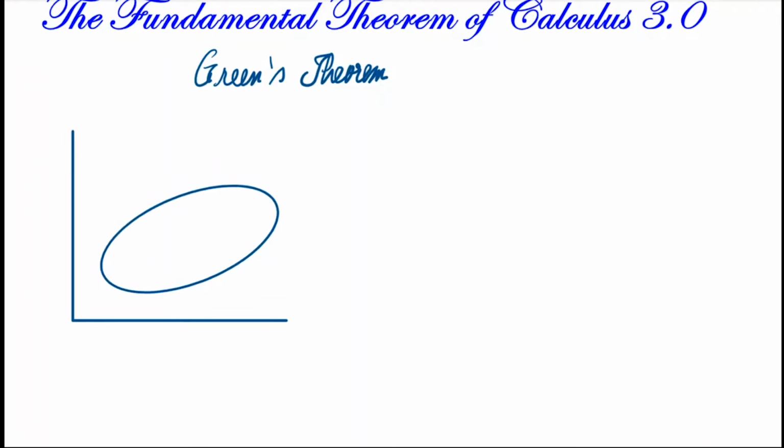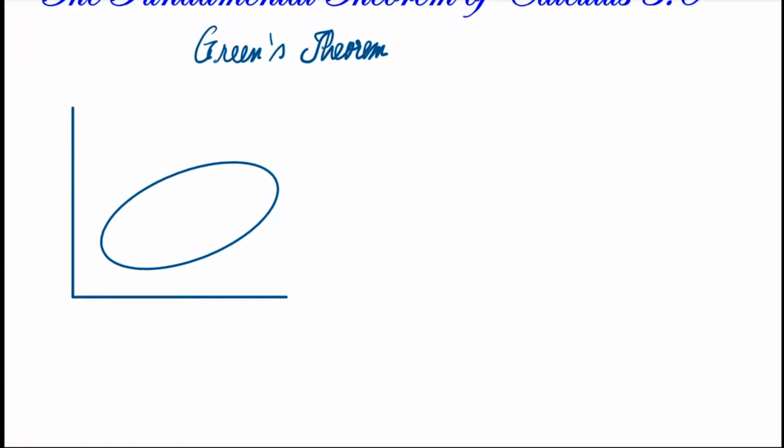Say we have that kind of region. If we have a parametric curve, I'm going to make this black. And we can still have some kind of C, in the conventional counterclockwise direction, and we have that region D inside.